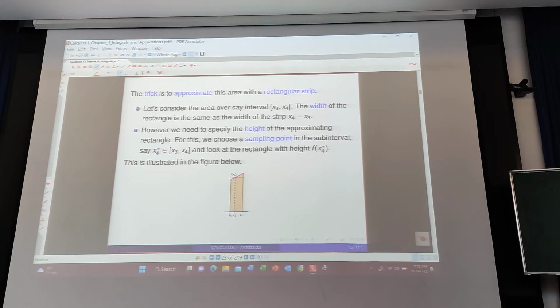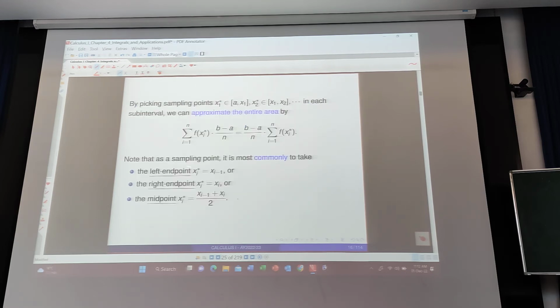For example, for every strip you take the left hand point, or the right hand point, or the midpoint. Taking the midpoint, x plus x divided by 2, the calculation will be easy, because the formula is easy. So that's the reason I write here. Commonly, the sampling point is taken as the left hand, right hand of the divided interval, or the midpoint.